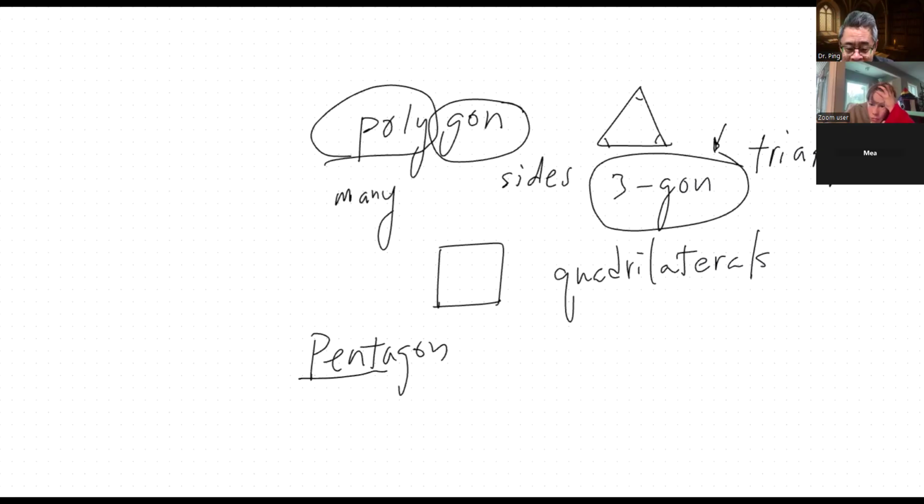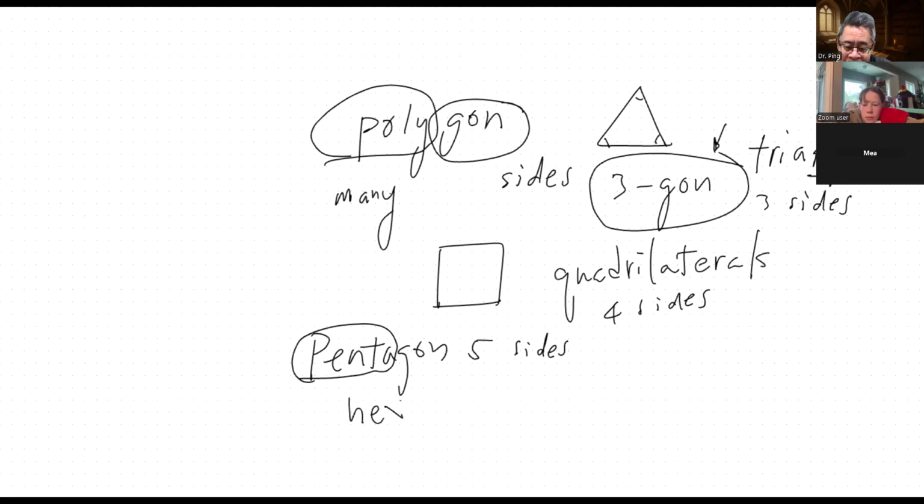So we got triangle, three sides; quadrilateral, four sides; then pentagon, five sides. And of course, we got hexagon. Hexagon is six sides.